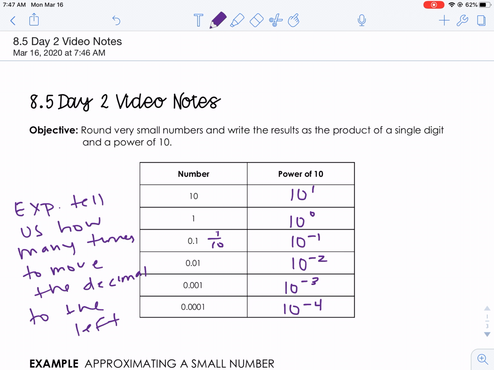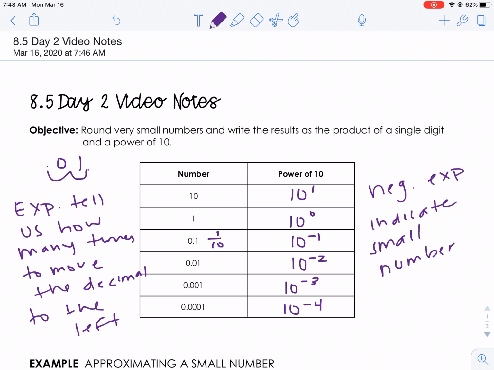So when we have a whole number 1, for instance, if the exponent was -2, our decimal would automatically be there. -2 would tell us to move it 2 to the left, so we would get that number 0.01. Okay, and again, we want to think about negative exponents. Those are going to indicate very small numbers. Okay, and again, in this instance, we're thinking of small numbers as small decimals.